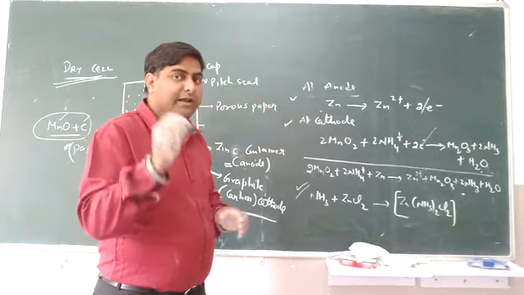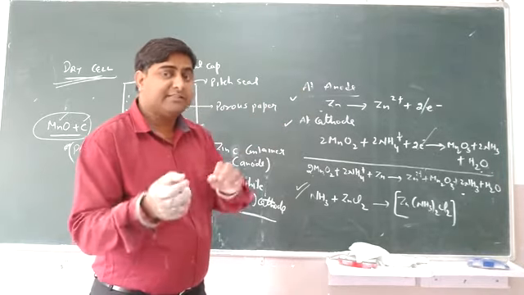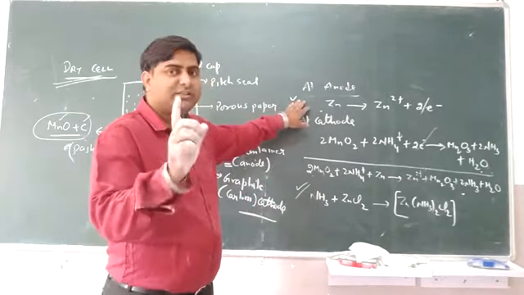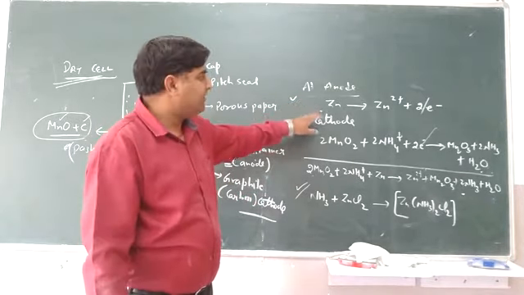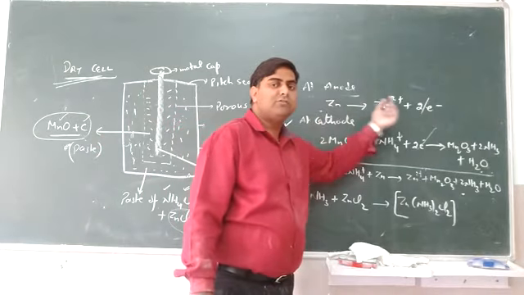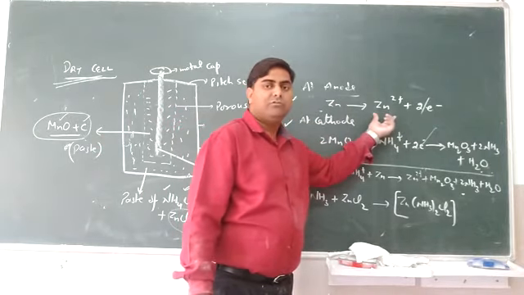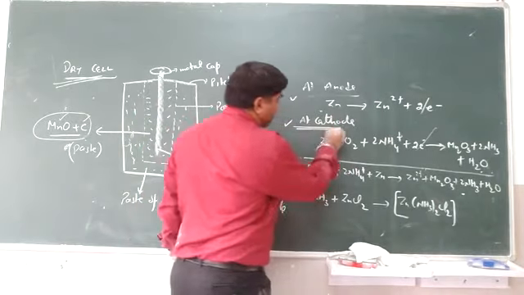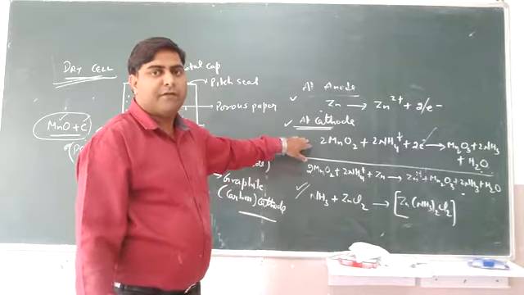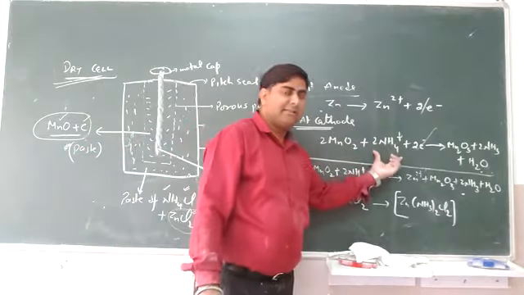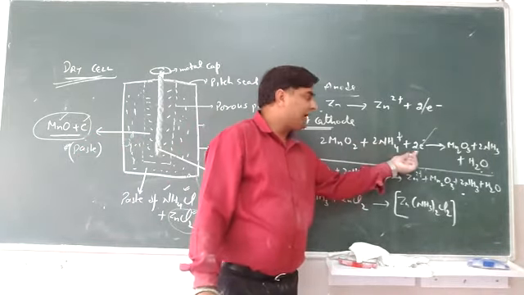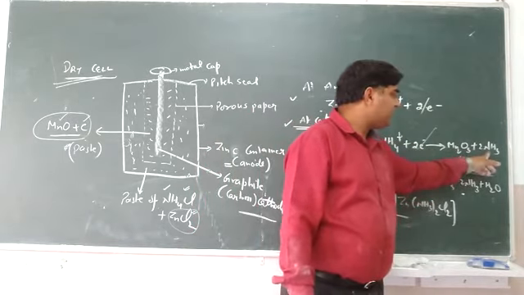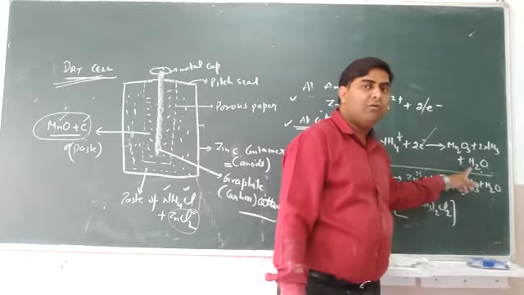When this cell works, the reactions which take place at anode, since the zinc container acts as anode, and we know: left oxidation anode negative, meaning anode is always the negative terminal and oxidation takes place at anode. Here zinc loses 2 electrons and gets converted to zinc ion. Now the reaction at cathode. At cathode, the paste of manganese dioxide and ammonium ions gain 2 electrons and get converted into Mn2O3 plus ammonia gas plus water.